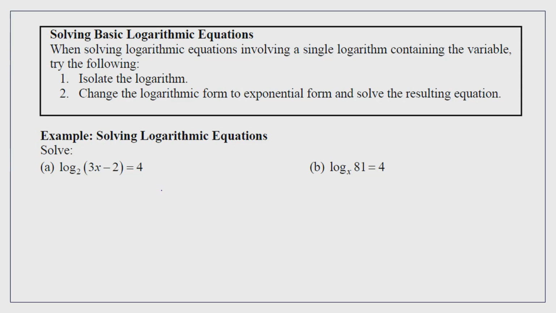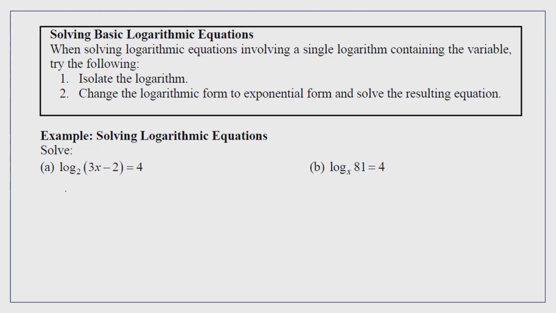For a, we have log base 2 of (3x minus 2) equals 4. First thing we want to do is isolate our log, meaning we don't want anything attached to it by multiplication, division, addition, or subtraction. We see here that for both a and b, both of our logs are already isolated. So we're good to go on step number 1. Now for step 2, we want to change our log form to an exponential form.